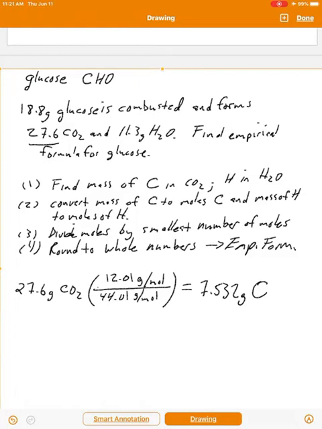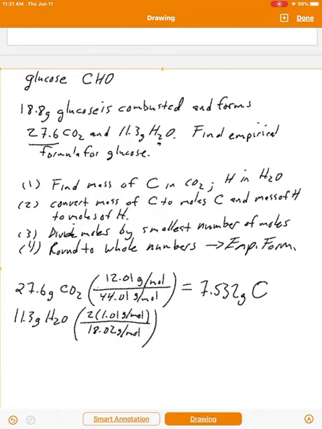Now we do the same thing for hydrogen. So the mass of water is 11.3. We're going to multiply that by the molar mass of hydrogen and divide that by the molar mass of water. But be careful, because water, we know, has 2 hydrogens. So it's 2 times 1.01 grams per mole divided by 18.02.